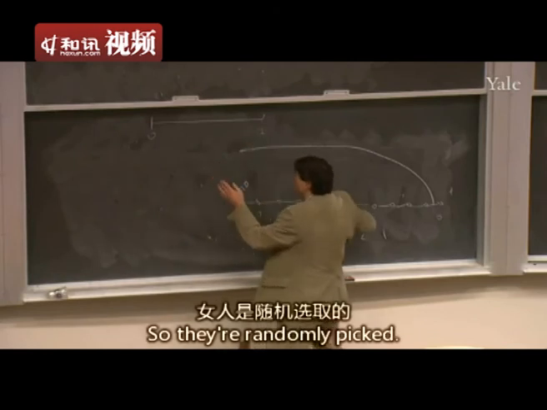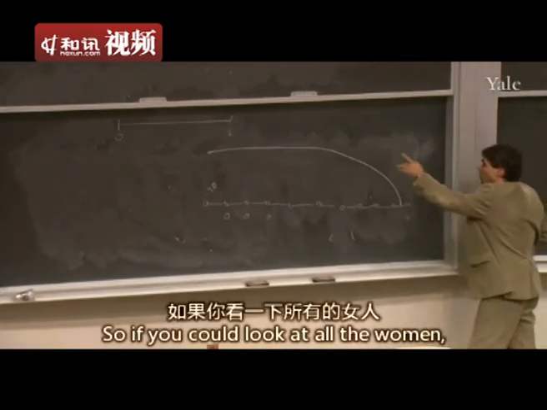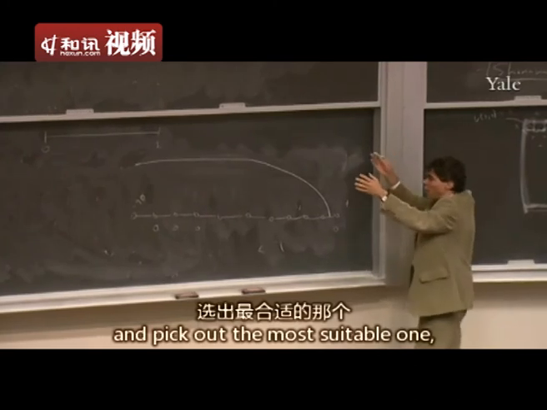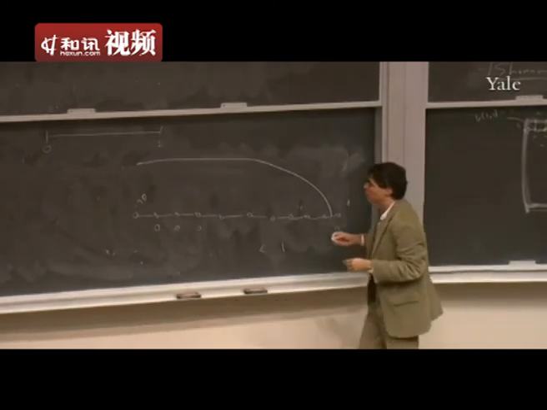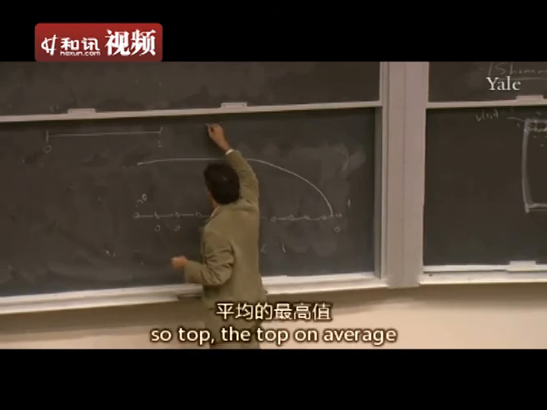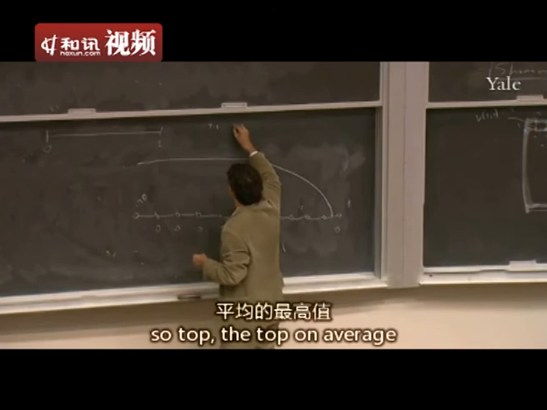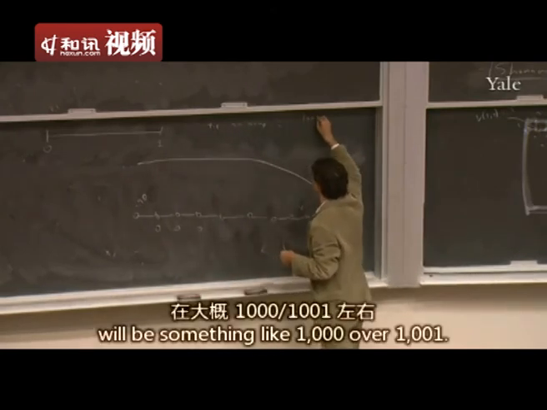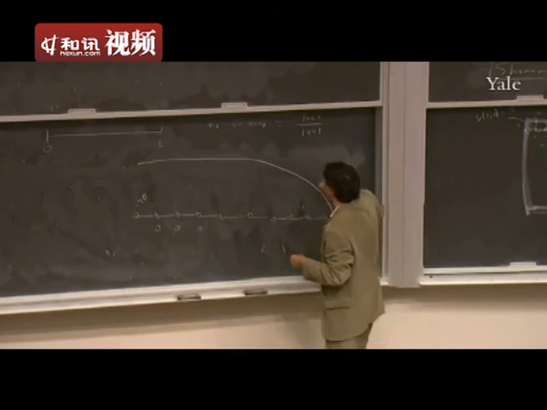They're randomly picked. So if you could look at all the women and pick out the most suitable one, what would her suitability be? Well, the top on average will be something like 1,000 over 1,001.